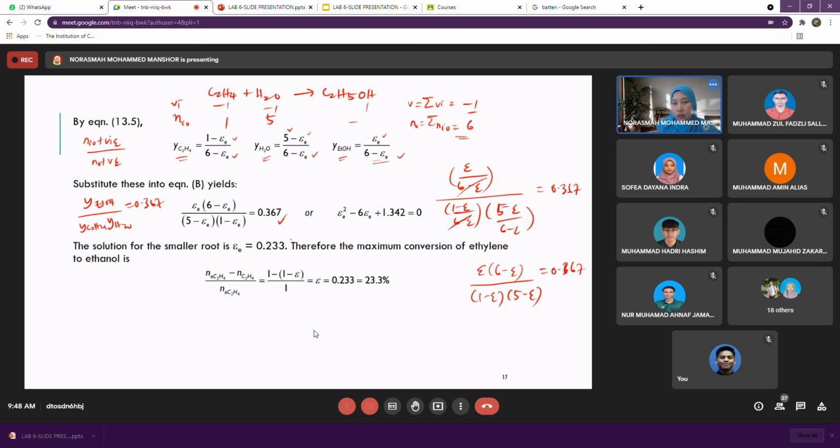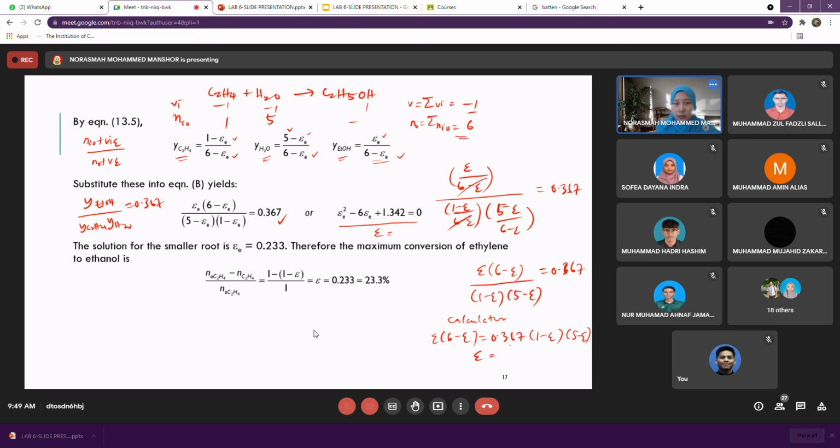Okay. You boleh terus guna calculator ataupun you nak expand dia punya ni, kuasa 2 semua ni akan dapat equation ni and then solve dia punya epsilon. Okay, saya prefer you guna terus calculator. Okay, you susun ni jadi macam ni. Okay, you cari epsilon.